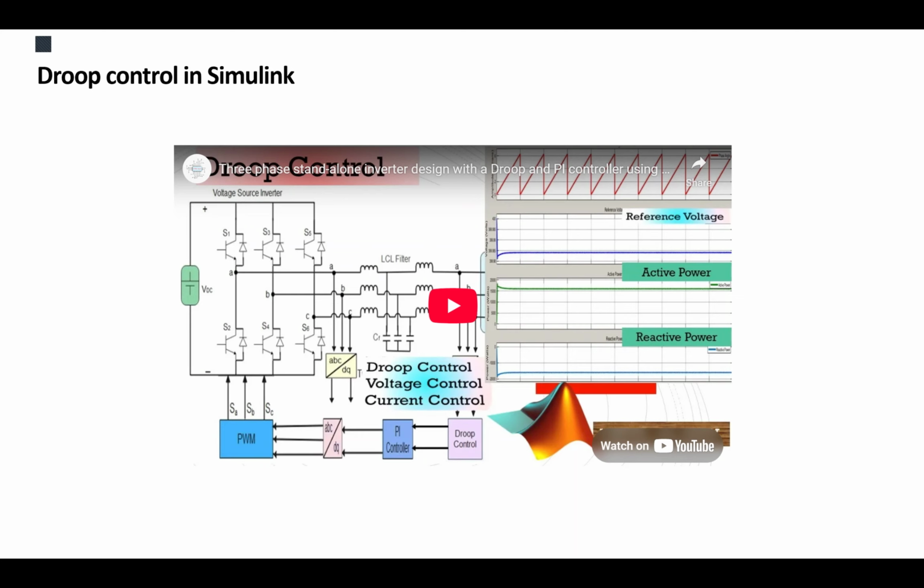Now, I posted a reading assignment on Canvas. There is a paper that explains the duality between grid forming and grid following. I don't want to bias your mind. That's a very good paper because it discusses grid forming and grid following from an engineering perspective, mathematical perspective, control system, simulation, and all.